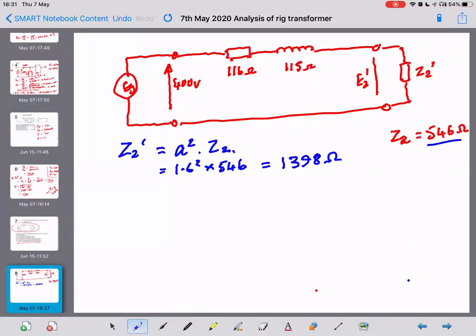And as that's a resistor, that'll be 0 degrees if we need it.